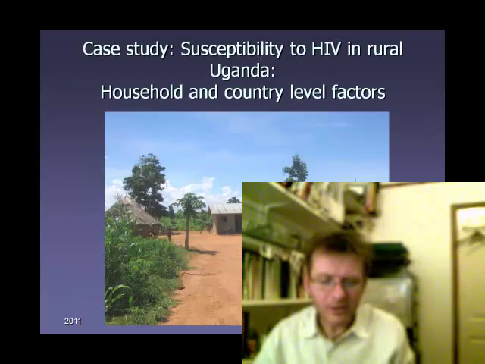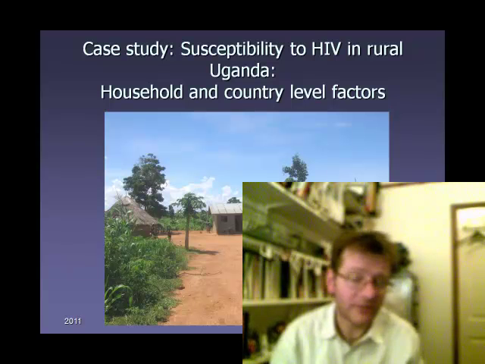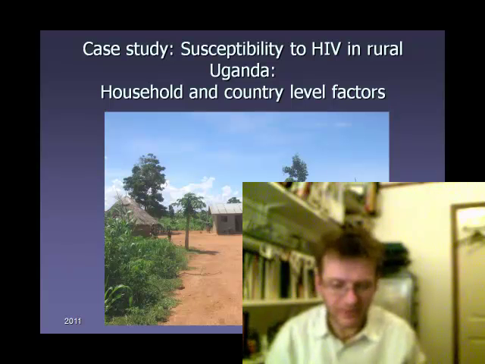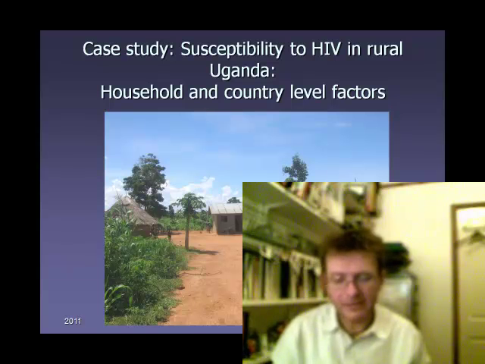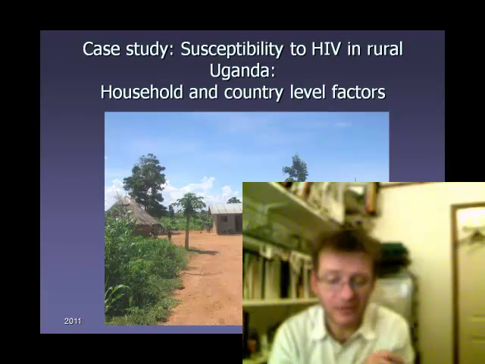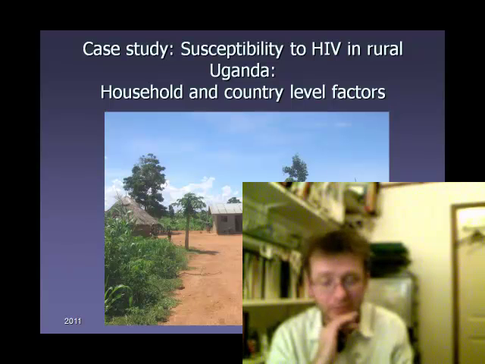So, why would the people living in this household be susceptible to HIV, both men and women? Well, let's tell a story very briefly. Living here is a woman, and she has HIV. She's been living with HIV for about 10 years, and she caught HIV from her husband.